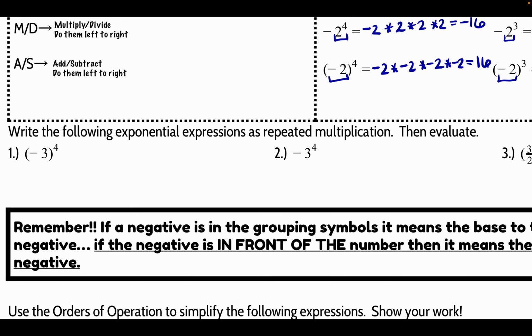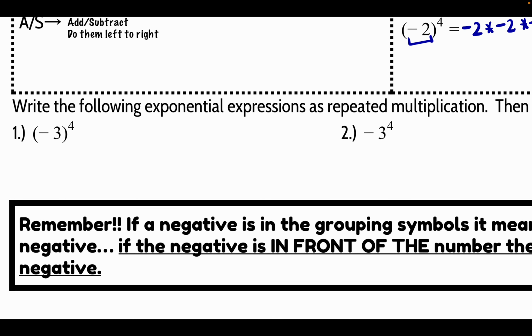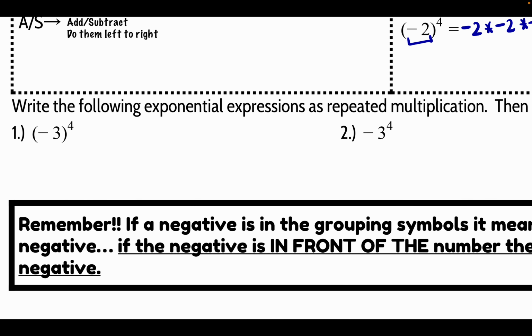Okay? So write the following exponential expressions as repeated multiplication, then evaluate. So repeated multiplication is just expanding. So we have negative 3 times negative 3 times negative 3 times negative 3. Now evaluate. We get positive 81.